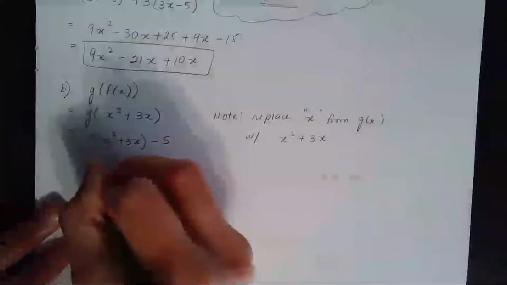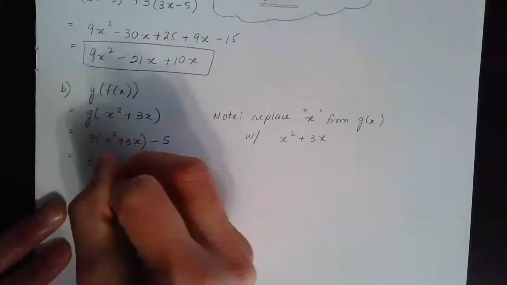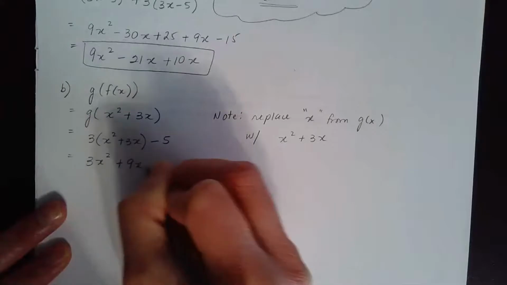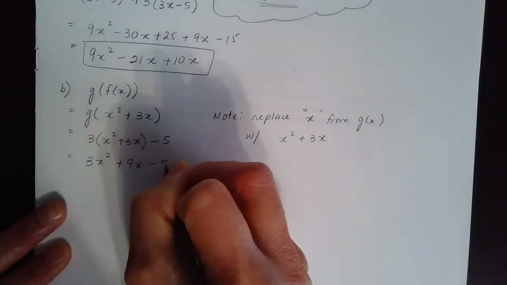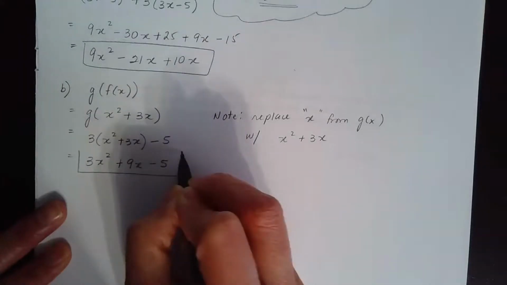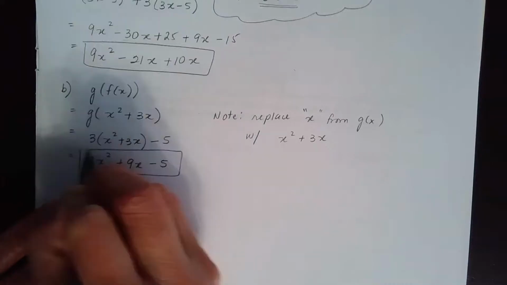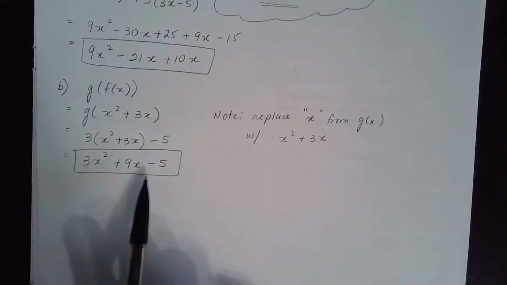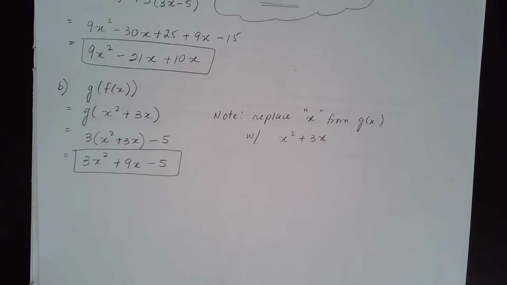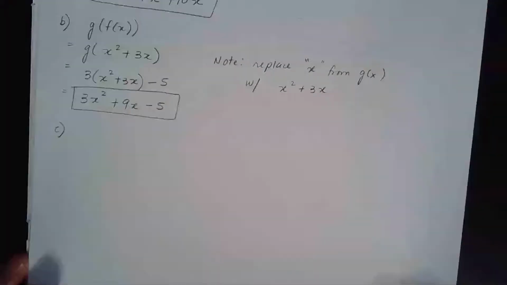So you follow my fingers. So 3 and 3 are there. And instead of x, I'm going to put x squared plus 3x. So that's right there. And then the minus 5. This is a quadratic. So that's done.